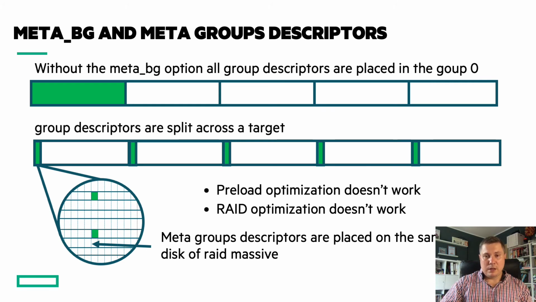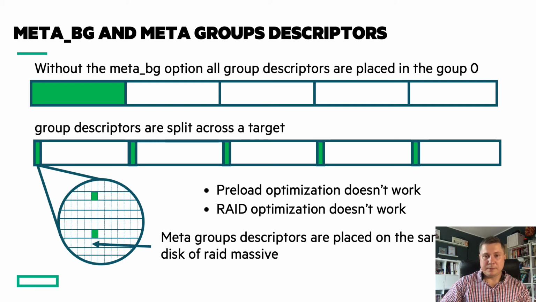So after a partition becomes larger than 256 terabytes, we cannot format it without the bigalloc or MetaBG options. And unfortunately, MetaBG has its disadvantages.